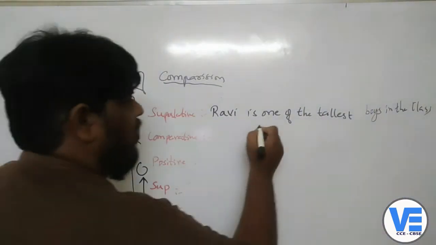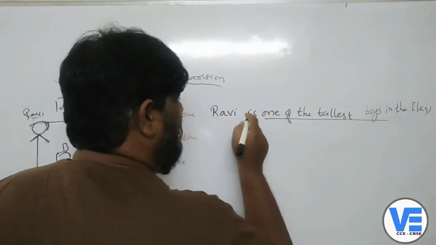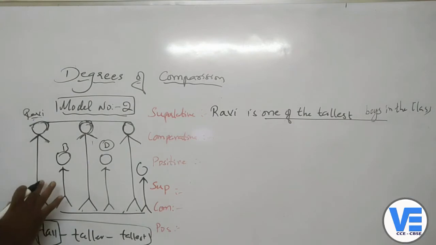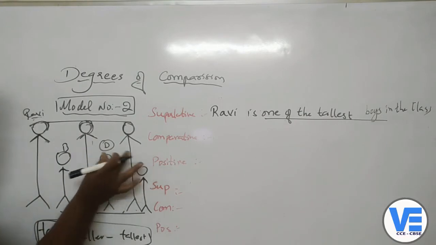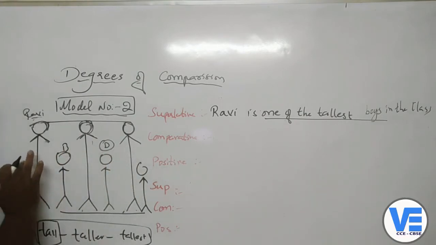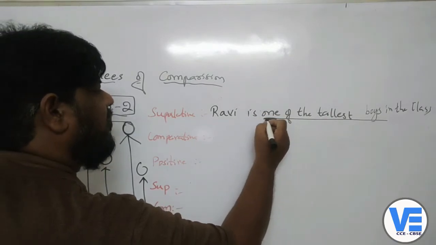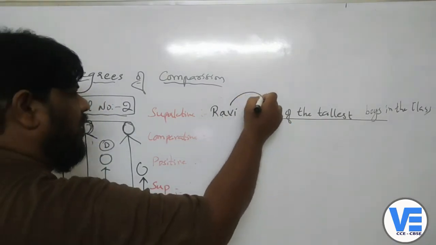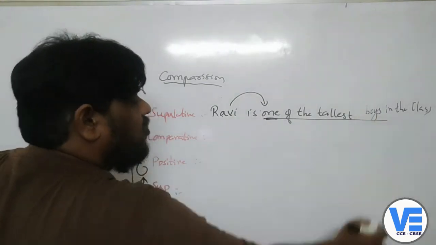Ravi is one of the tallest boys. That means there are some other boys who are as tall as Ravi, and that's the reason why I have to take these 2 children also into consideration. So Ravi is one of the tallest. Why am I writing 1 here? Because Ravi is not the only one. There are some other tallest boys also in the class.